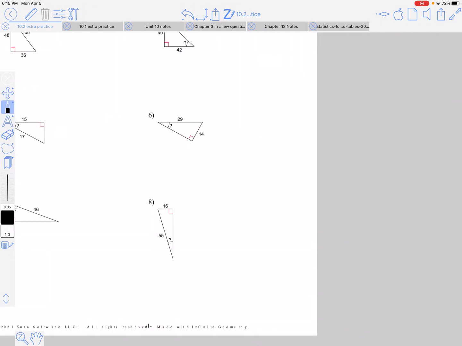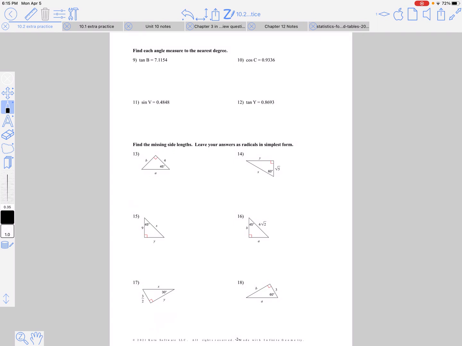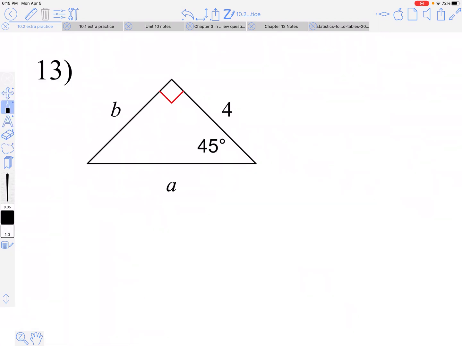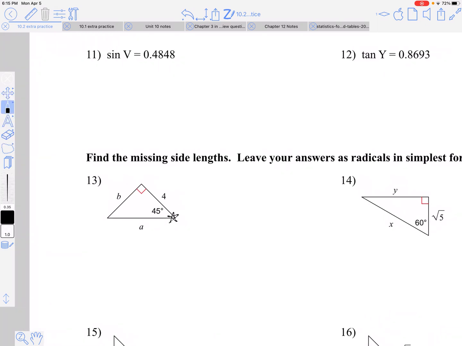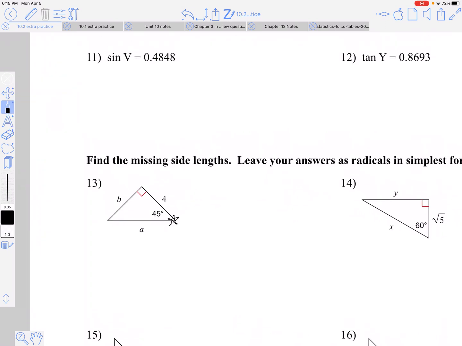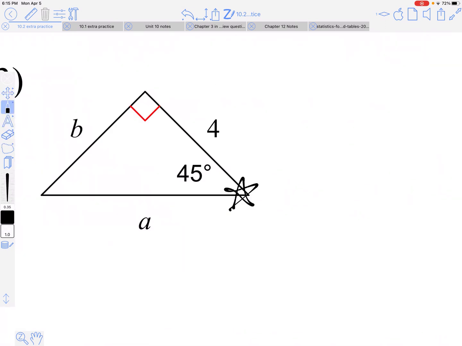All right, so let's look at a few more. Let's look at 13. All right, so here is our focal point. Our job is to find the missing side lengths. So now we have an angle, we've got to find the missing side lengths.